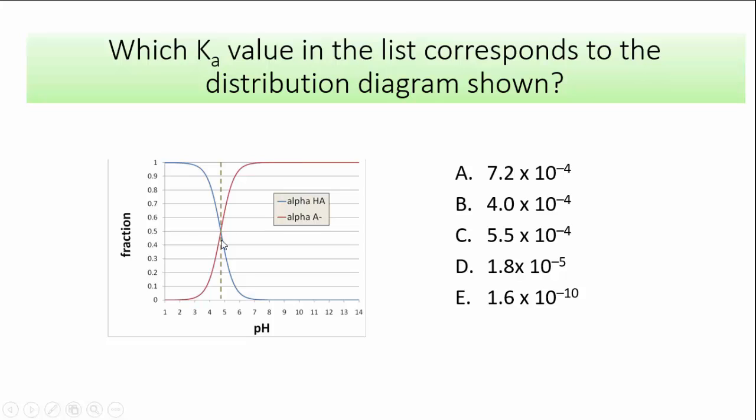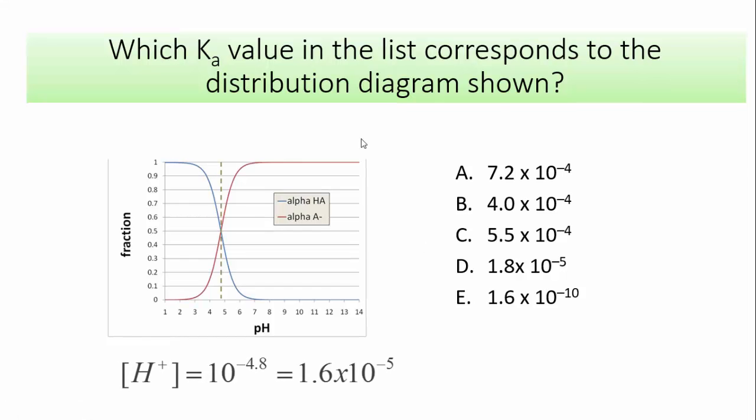Well, I guess we can take that pH and turn it into hydronium ion concentration, which is 10 raised to the power negative 4.8, which I read from here as the approximate position of that crossover point. And that gives 1.6 times 10 to the negative 5 approximately, which is close to value D, which, by the way, is for the specific weak acid, acetic acid, which is the acid in vinegar.